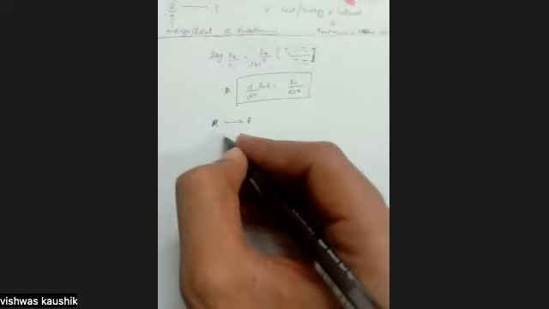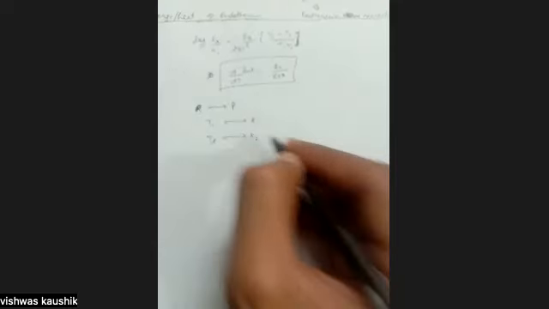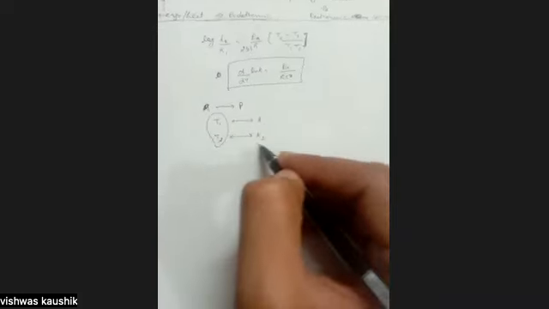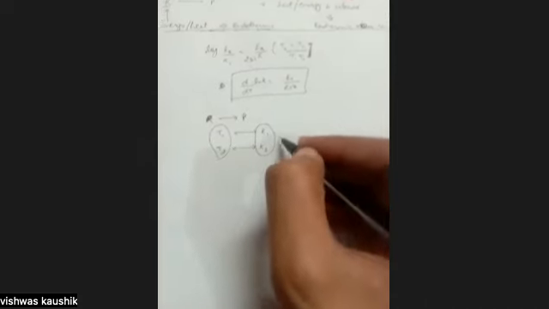Then on changing the temperature to T2 we get another rate constant, let us say K2. Using these two temperatures and two rate constants, and putting them in the Arrhenius equation, we can calculate the value of the activation energy.